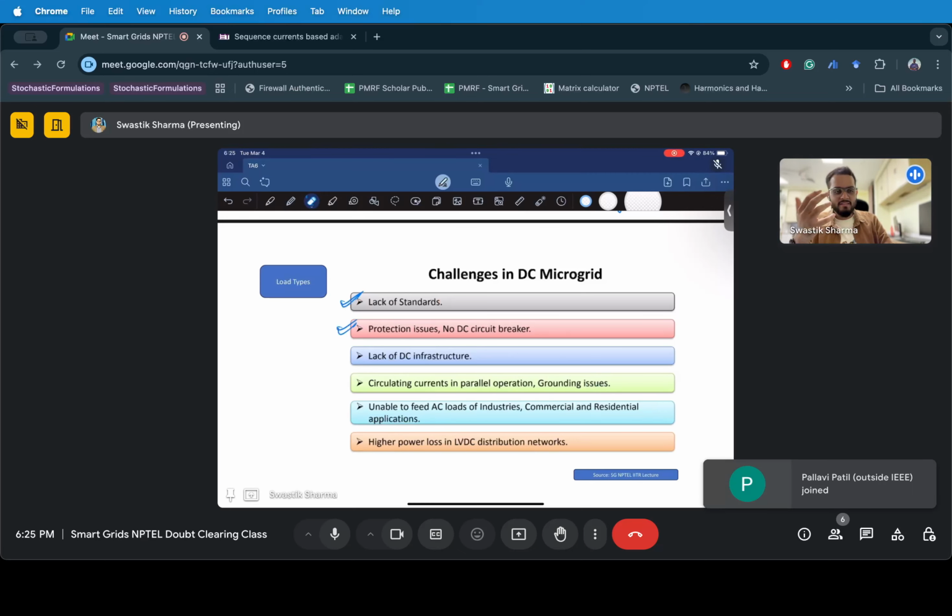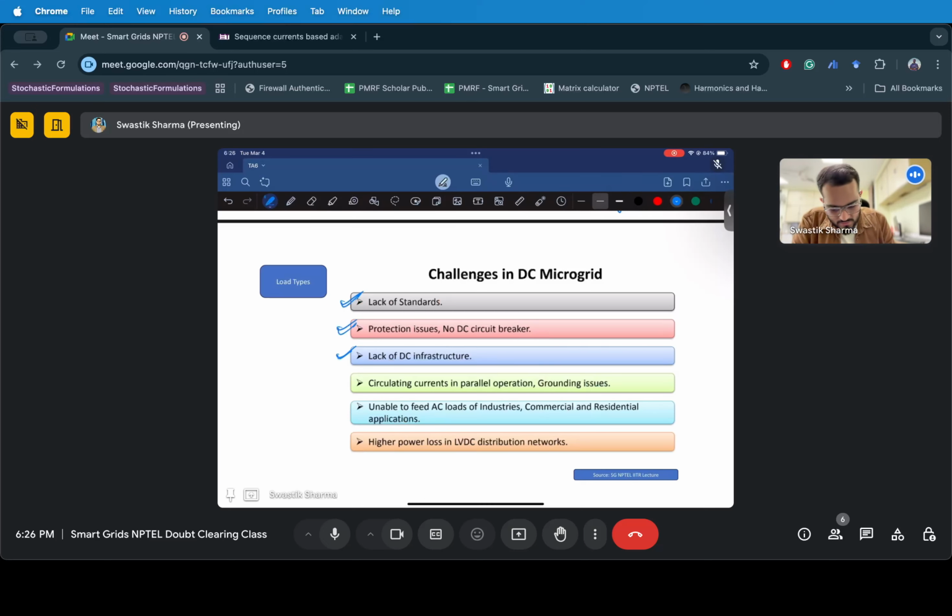But a purely DC circuit breaker is not present. Then DC infrastructure. We don't have DC infrastructure. HVDC is growing. Power electronics has now strengthened enough to come up with HVDC and FACTS, right? Earlier there was no power electronics. Only after power electronics did we start thinking, okay, DC is something that we can utilize.